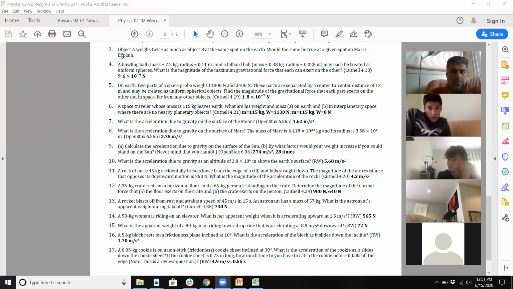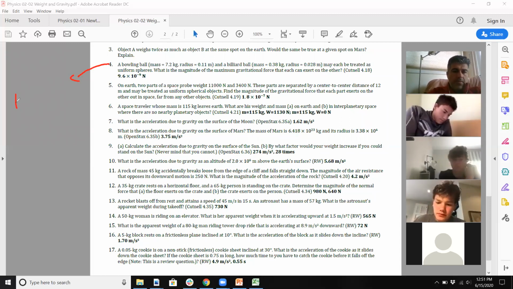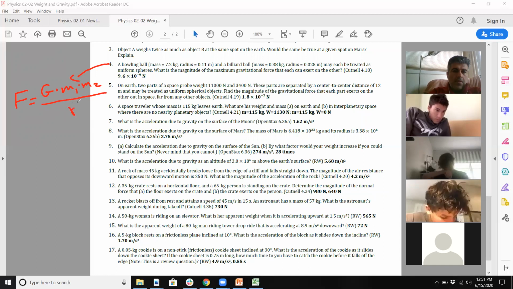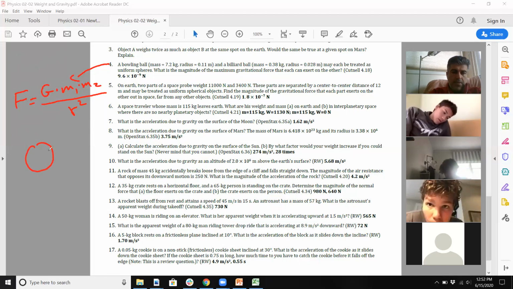So what you want to do for number 4 is use this formula. Capital G and R, you have a big object and a little object.